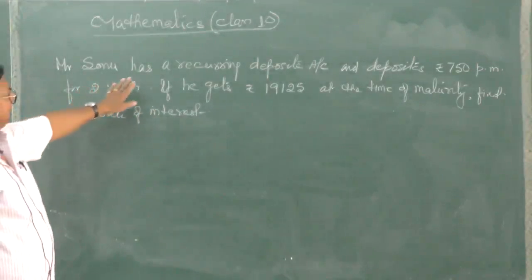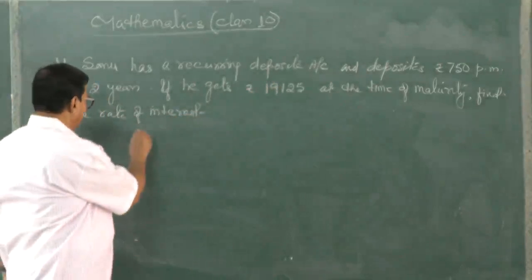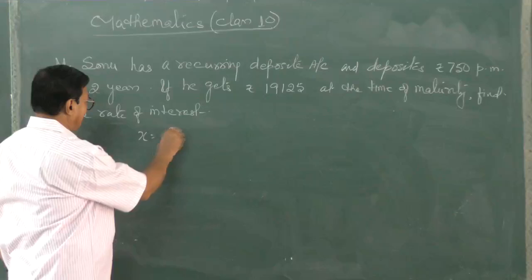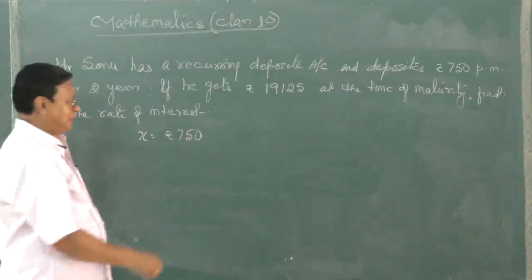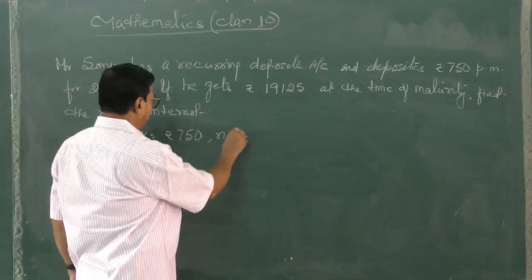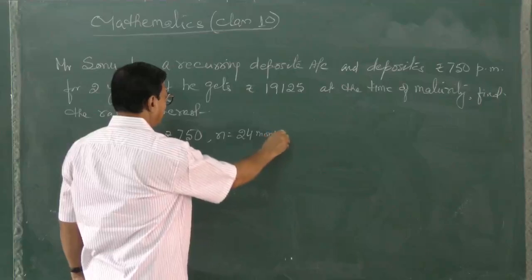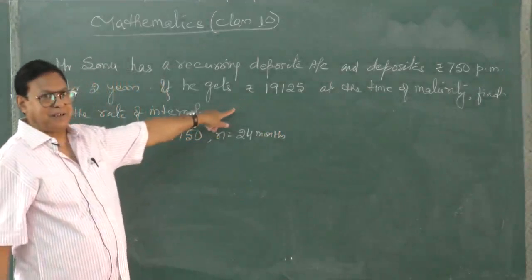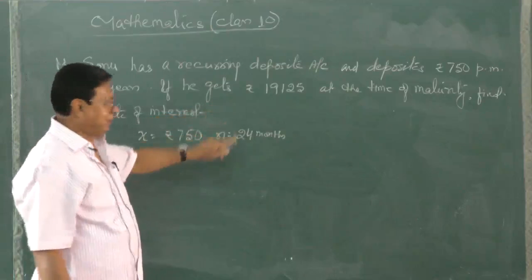Now here Mr. Sonu has a recurring deposit account and deposits rupees 750 per month. So X is rupees 750 for 2 years, again time in months, 24 months. And he gets rupees 19,125 at the time of maturity.